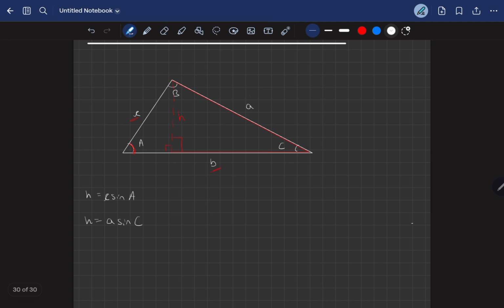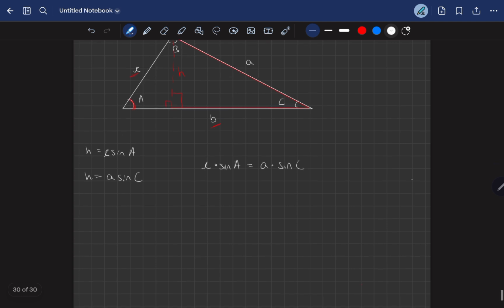The hypotenuse is a, and the angle is c, and the opposite is the height. Now we can equate these two together, and we get c times sine a is equal to a times sine c. If we rearrange this, we get sine a over a is equal to sine c over c.